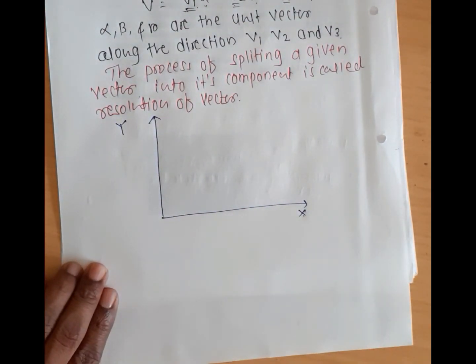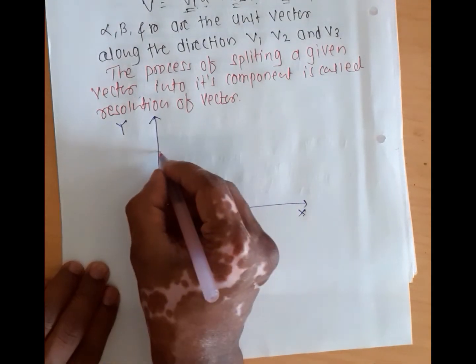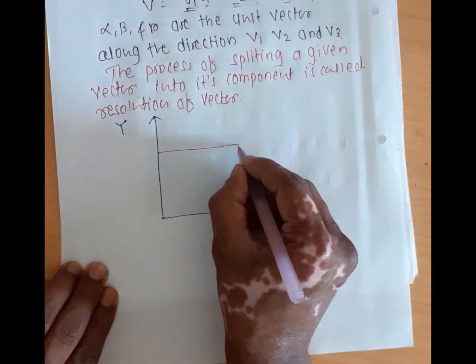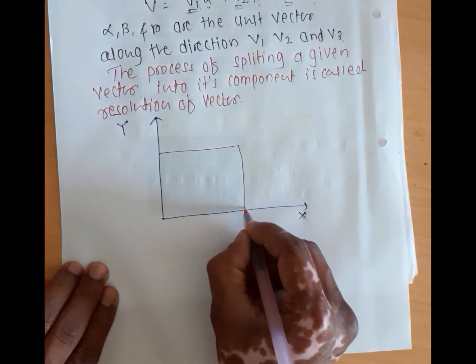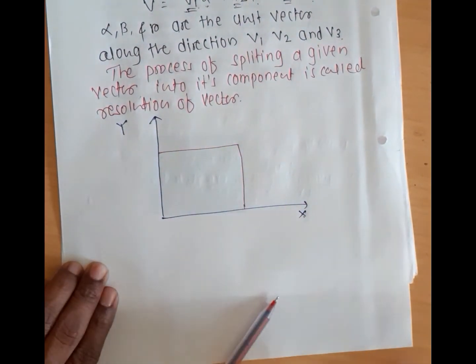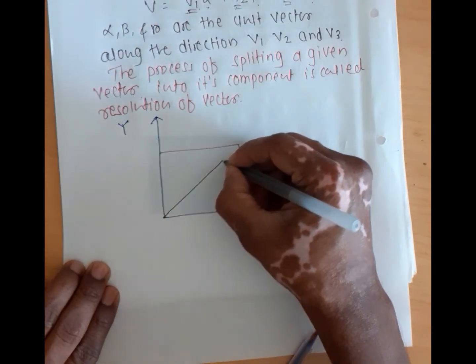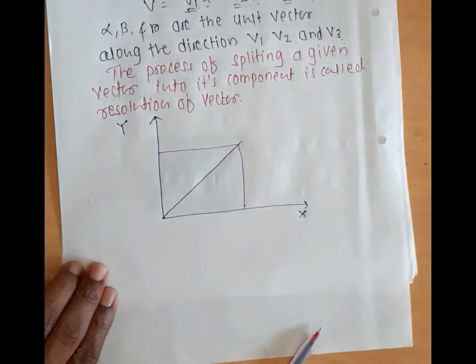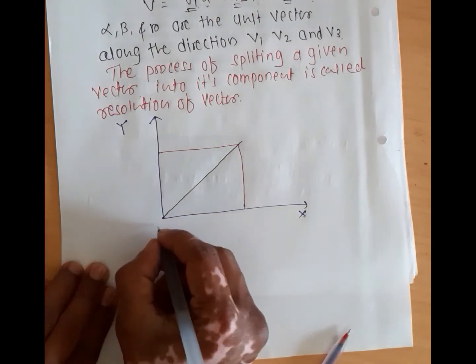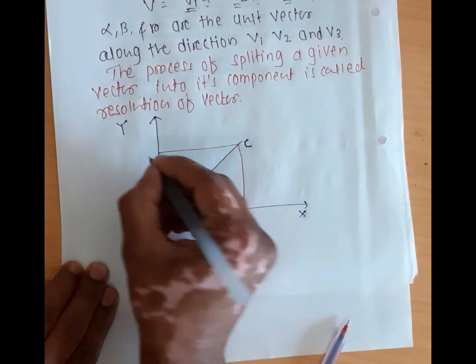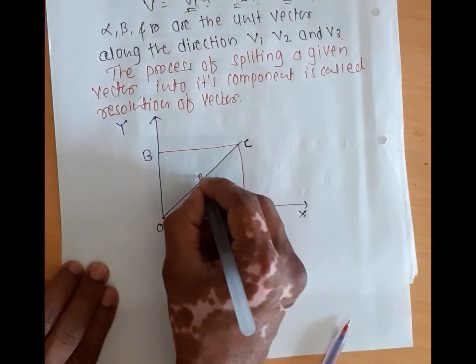Okay, then I draw one perpendicular line from Y to that axis, here also, and I draw one diagonal here. Okay, I have given names O, A, C and B.